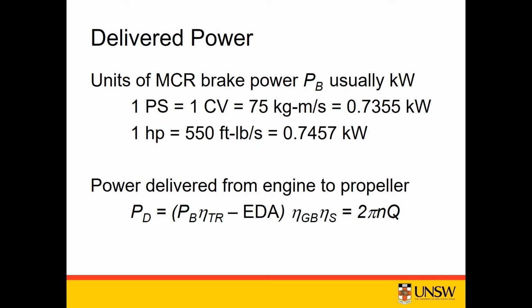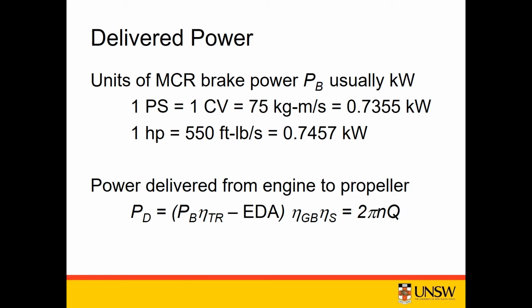The delivered power. The typical units for the maximum continuous rating brake power is usually in kilowatts. But if you deal with engines from either Europe or from Japan, you're going to find other sets of units.